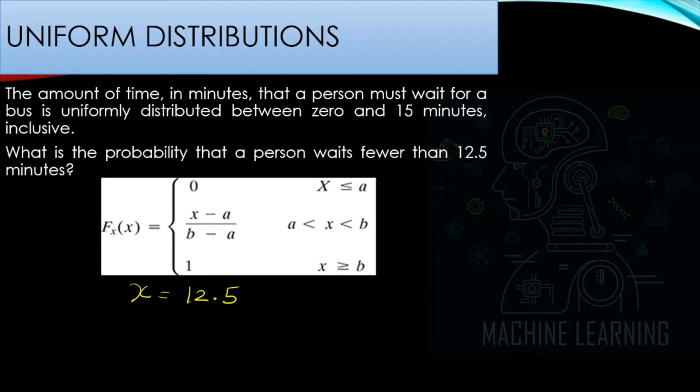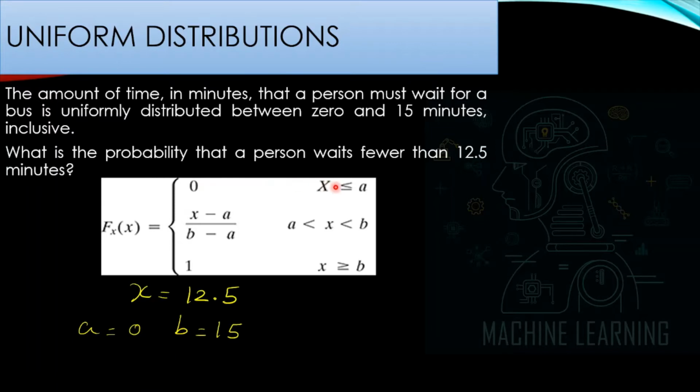If you look at the formula given here, you will notice that the formula has three different states: when x is less than or equal to a, and so on. So let's first define what a and b are. In our case, the value of a is going to be 0 and the value of b is going to be 15. Now let's see which of these states actually applies to our question.